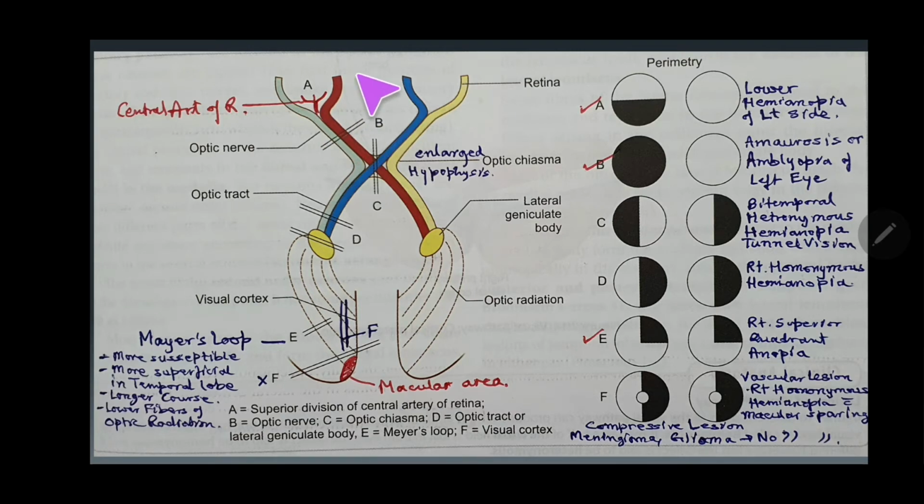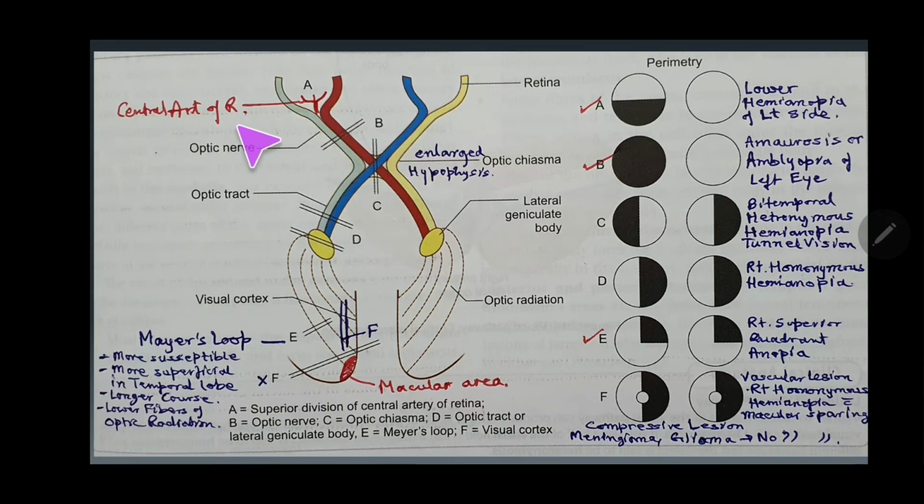Then they divide into the nasal branches and the temporal branches to supply the four quadrants, while it gives an additional branch on the lateral side for the macula or the fovea centralis. So it gives actually 5 branches, but initially it gives 2 branches, upper and lower divisions.